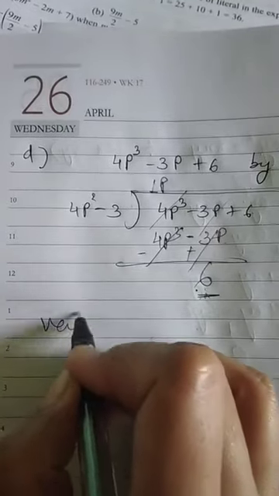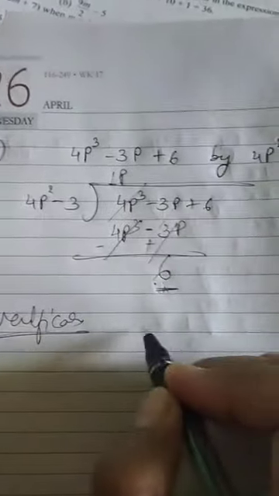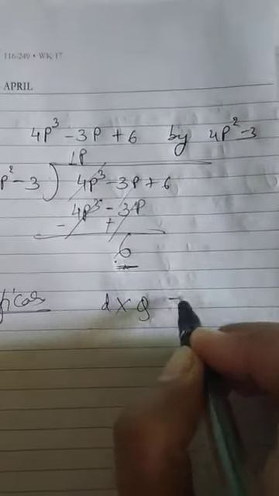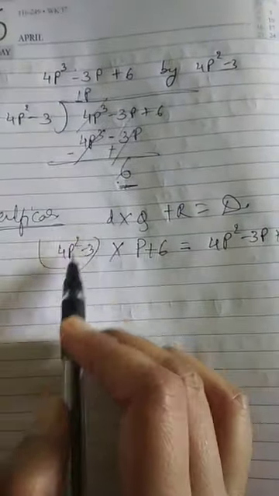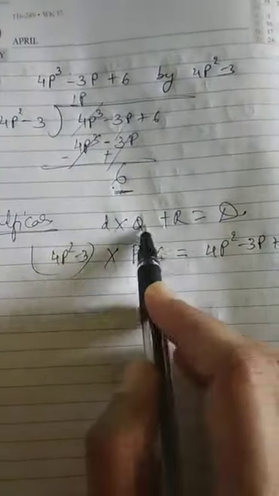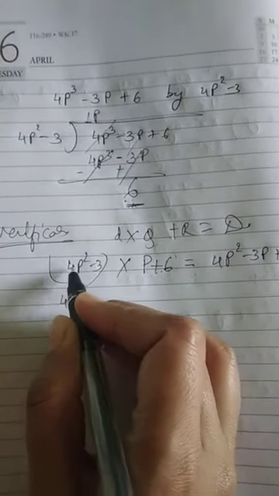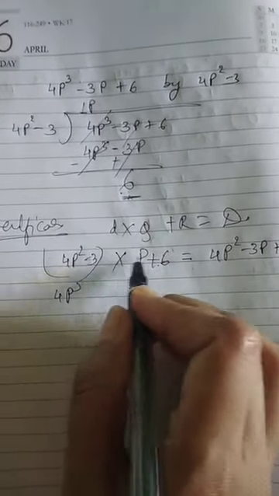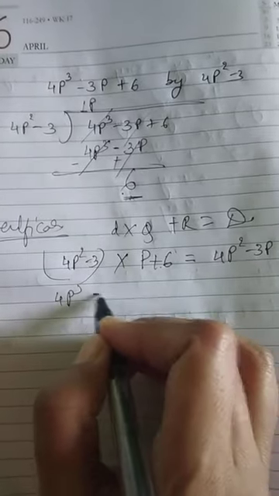Now verification. You know divisor into quotient plus remainder is equal to dividend. Let's see. I have written all the terms: divisor, quotient, remainder is 6, dividend. Okay. 4p square into p, 4p cube. Then minus 3 plus p, minus plus minus 3p.